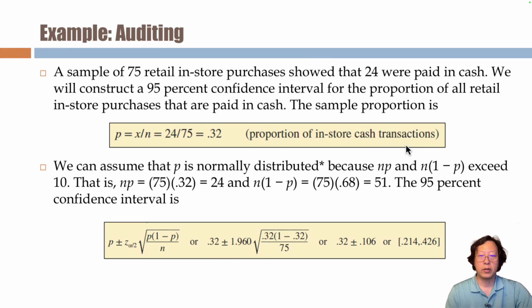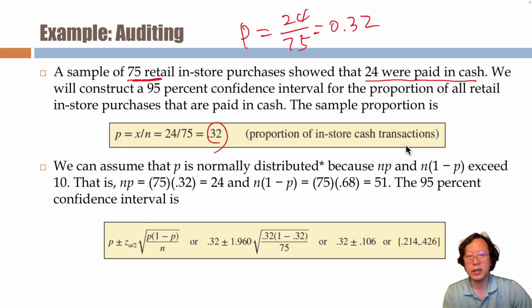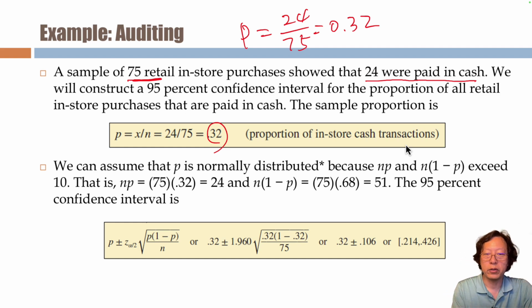Let's take a look at an example. A sample of 75 retail in-store purchases shows 24 were paid in cash. So you can calculate p is 24 over 75, which is 0.32, you can see here. That's my sample proportion. So we will construct a 95% confidence interval for the proportion of all retail in-store purchases that are paid in cash.